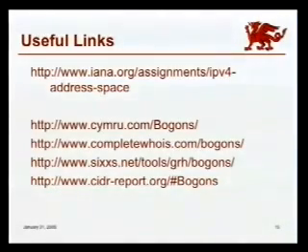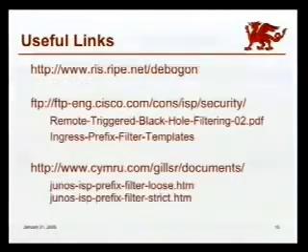If you're interested in Bogons on IPv6 space, there's an excellent site on 6net about that, and the CIDR report always has a section on Bogons that are being advertised into the global routing table. Some more links.